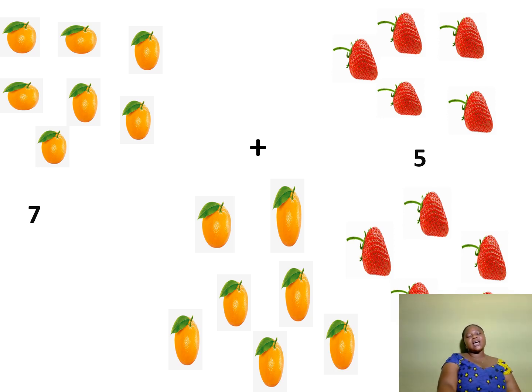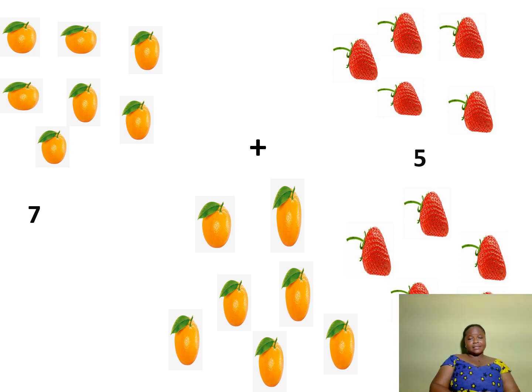That's the oranges. Let's add it. 8, 9, 10, 11, and 12. So in all, we have how many fruits? 12 fruits. That is 5 strawberries and 7 oranges.